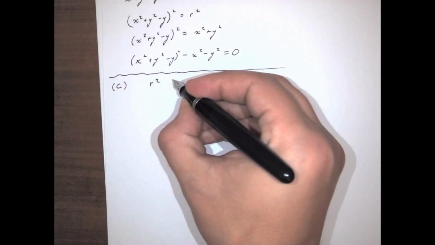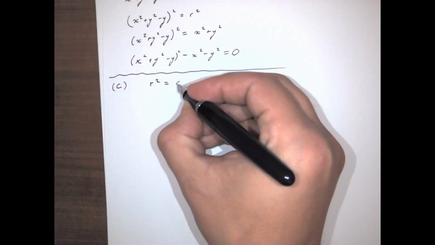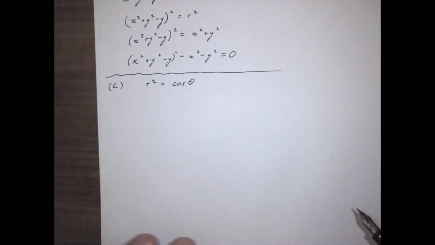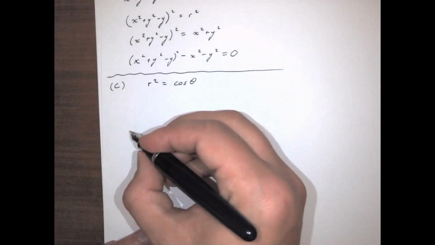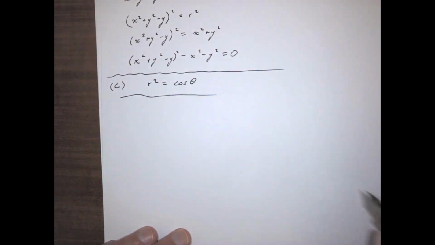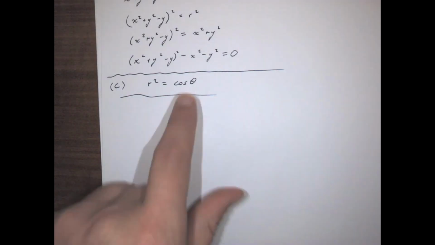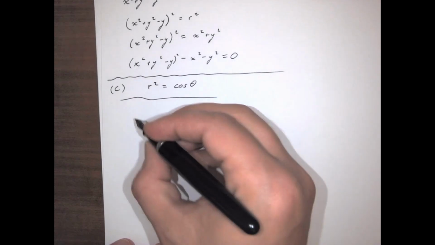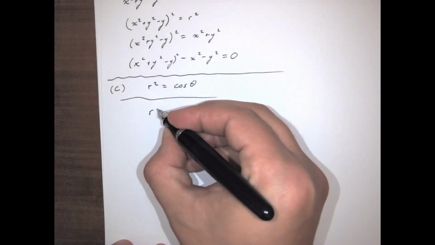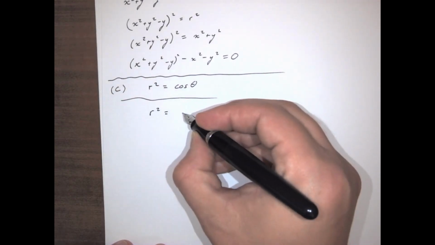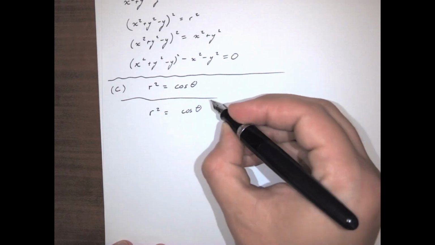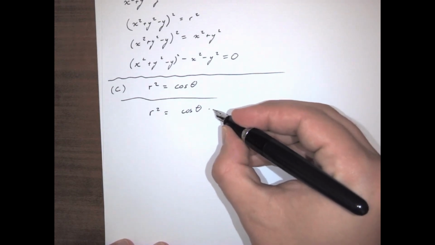r squared equals cosine theta. All right, well, once again here, if this were r cosine theta, I would feel a lot better about the whole thing. Unfortunately, there's not a good way to make this an r cosine theta without making me feel worse about the left side.